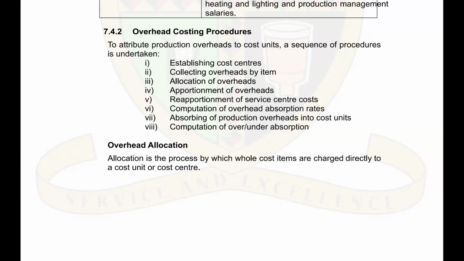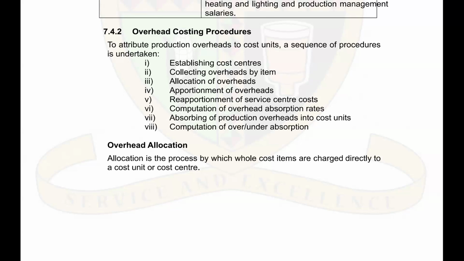Your question is, what do you mean by cost unit or cost center? Allocation is getting this cost and allocating it to a certain cost unit that could either be a department or any specific product. That is the process of allocation.